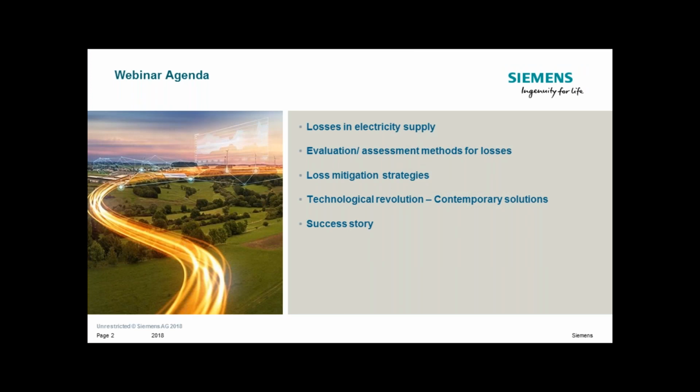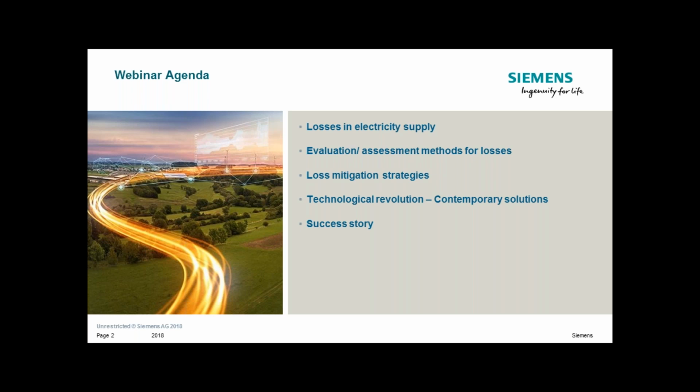In this one, we are going to discuss losses in electricity supply. What are the losses and types of losses? You have already explained nicely, but I will go into more detail. Second is the evaluation and assessment methods for losses: how we are going to evaluate these losses, and what best practices are available. Third, we are going to talk about the loss mitigation strategies used by different utilities across the globe.